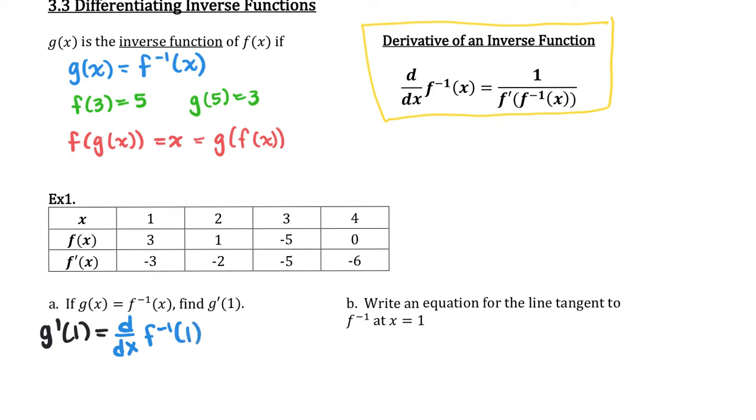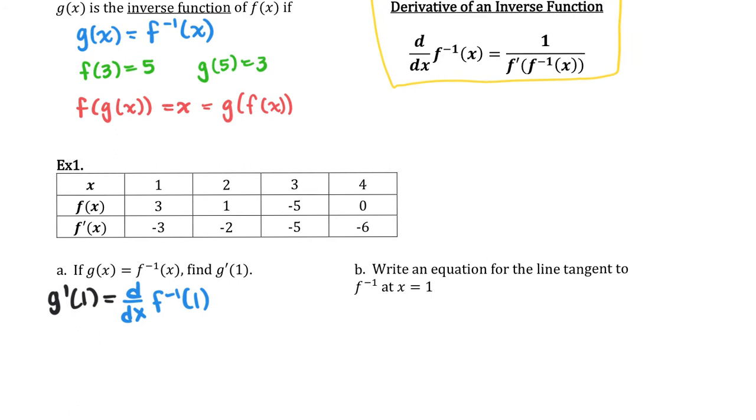Okay, if I'm doing the derivative of the inverse function, then I'm going to switch up to this crazy formula over here. Let me just write it and then I'll stare at it and try to figure it out. So it's 1 over f prime of f inverse of 1.